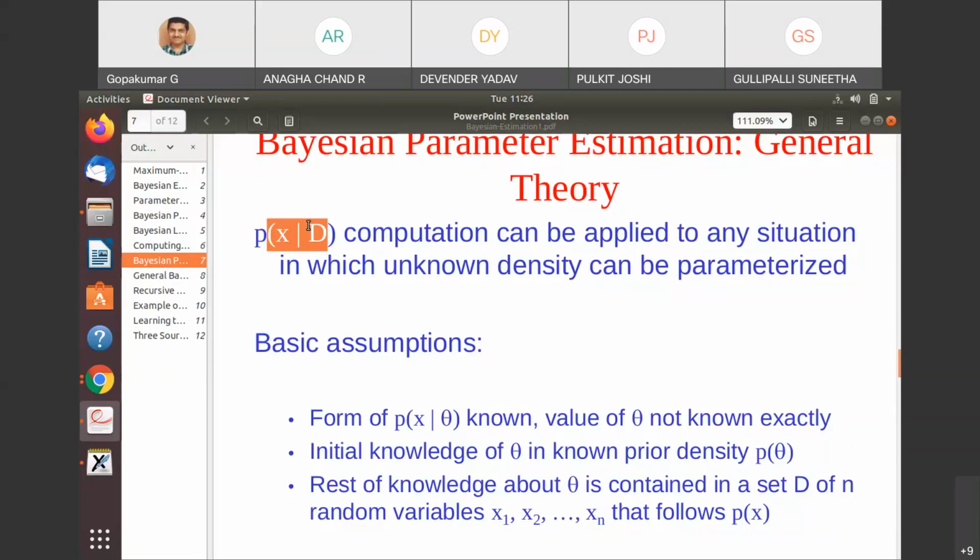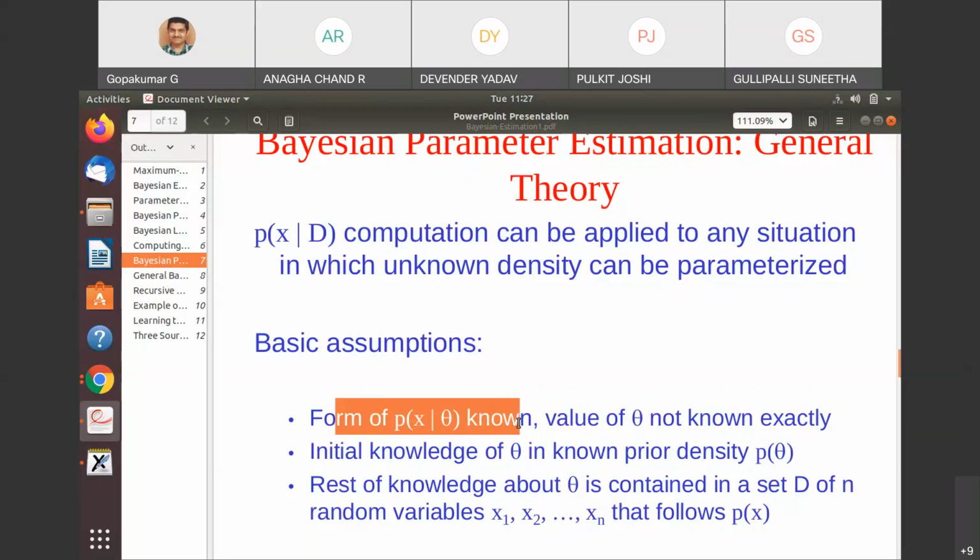That is the concept. Even though the probability of x, the class conditional density for each class, is unknown, we assume that the form of p of x given theta is known. That means we assume the form, whether it's a Gaussian or some other distribution, is known.